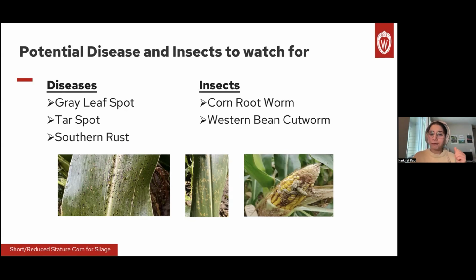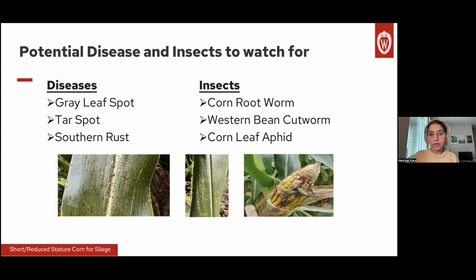Furthermore, we also might have issues with leaf aphids, but all these at this point are, I would say, just potential diseases and stresses that we are concerned about and looking to watch out for.